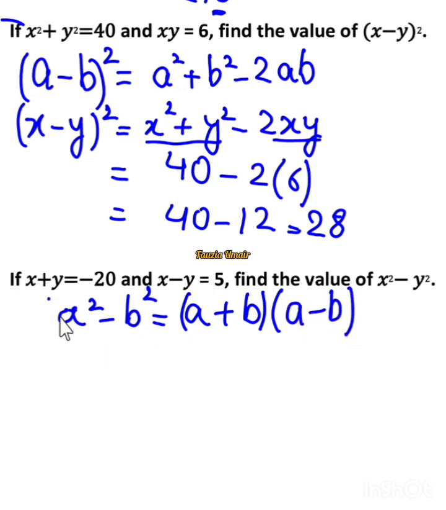So here we are replacing a with x and b with y. So for this question, the formula is x square minus y square is equal to x plus y into x minus y.